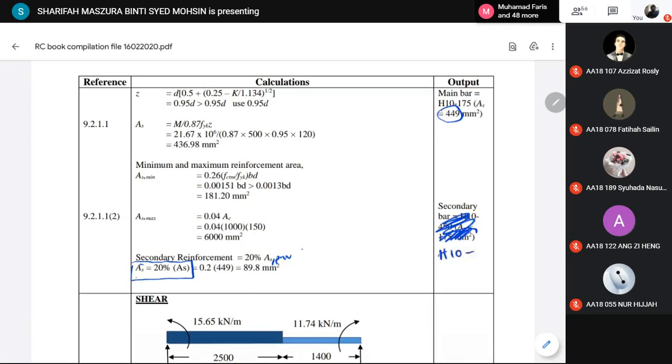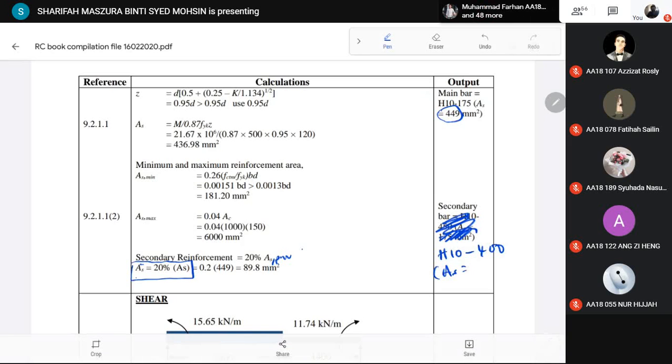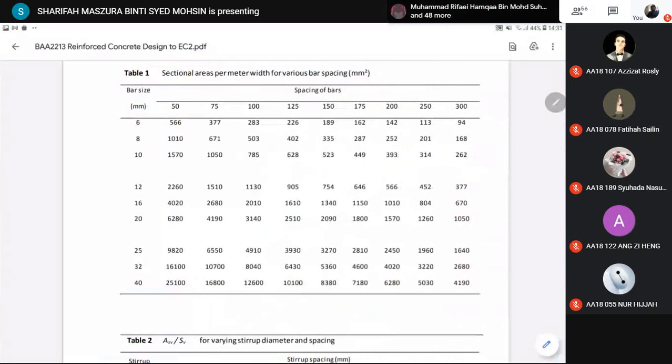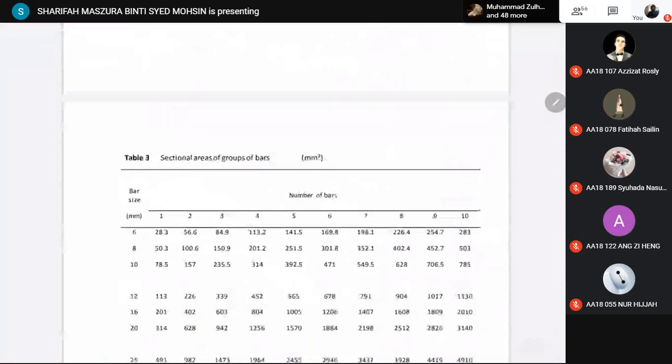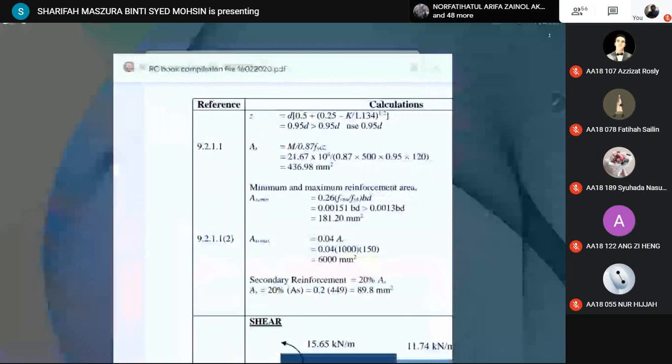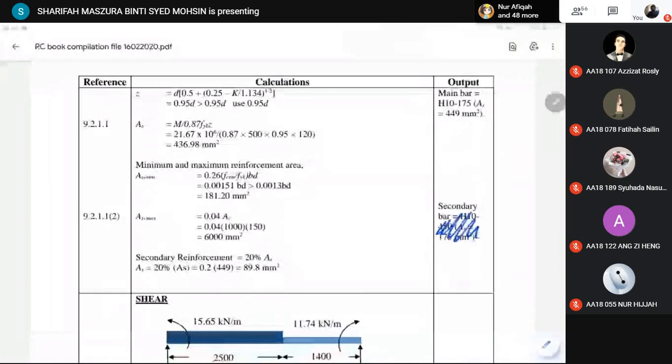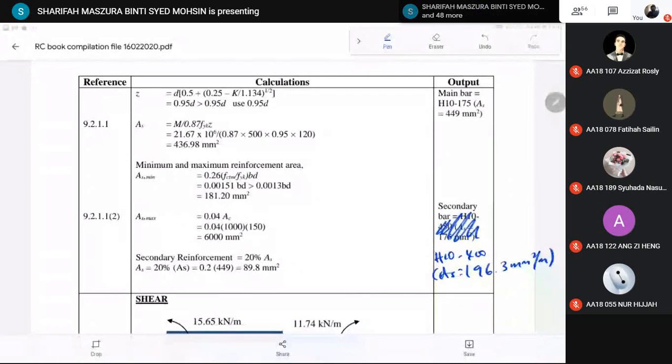H10 at 400, As provided is 196.3 millimeter square per meter, which is larger than As minimum.